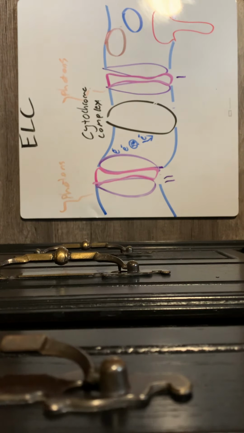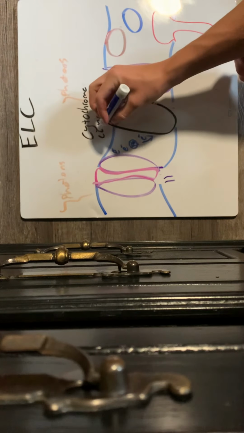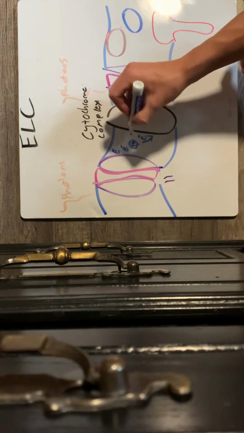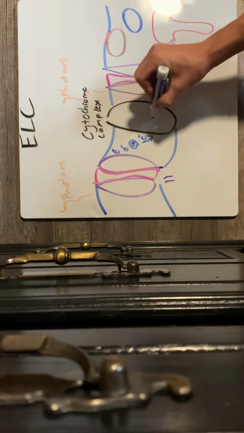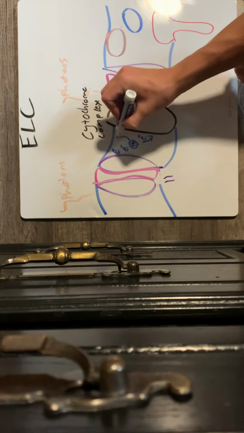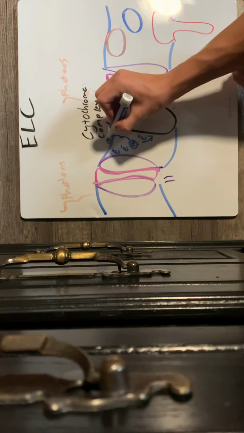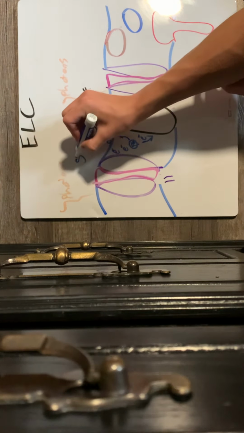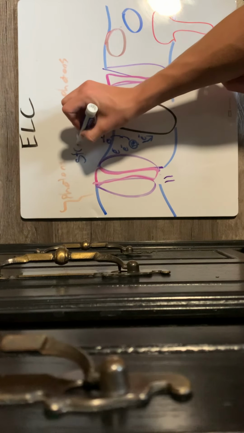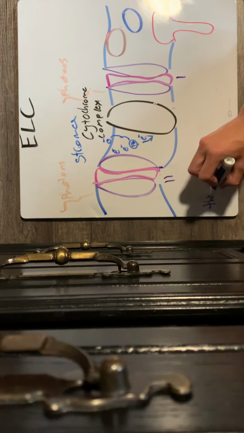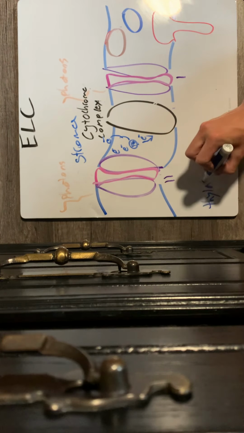What's more important with the cytochrome complex is that there's an electron released once PQ brings the electrons into it. So as we get here, there's one that's released into the stroma, the thylakoid lumen, down here.